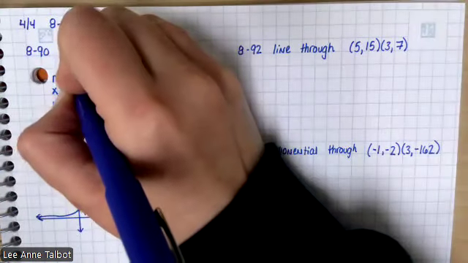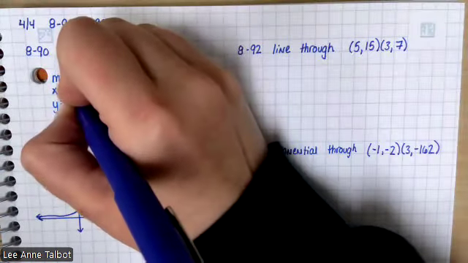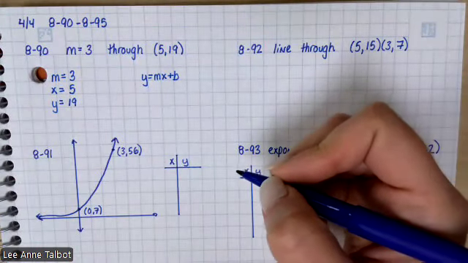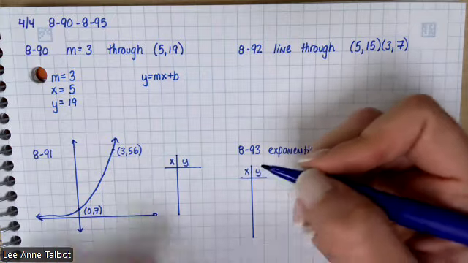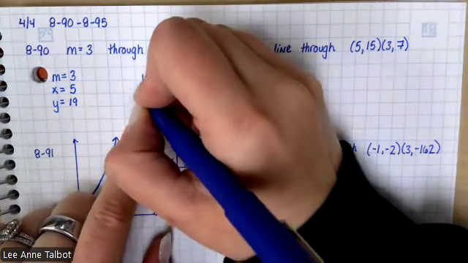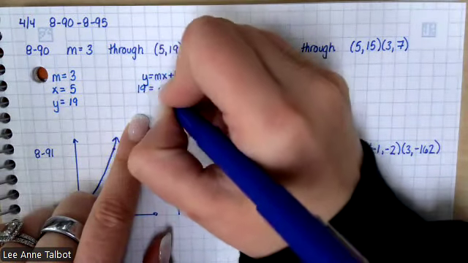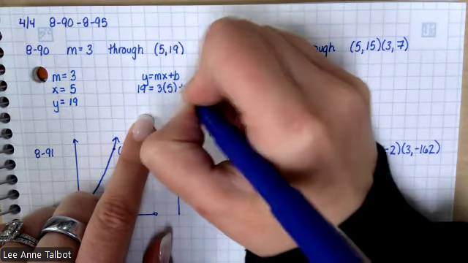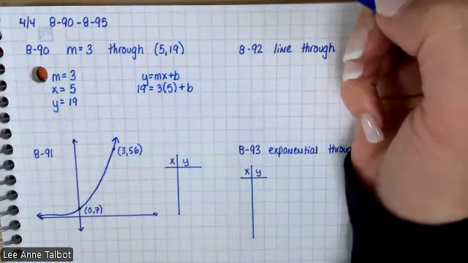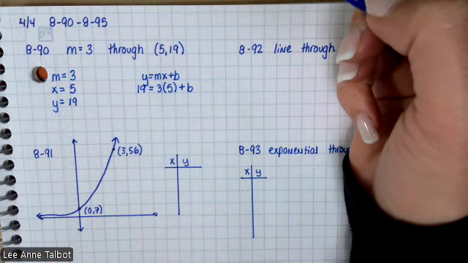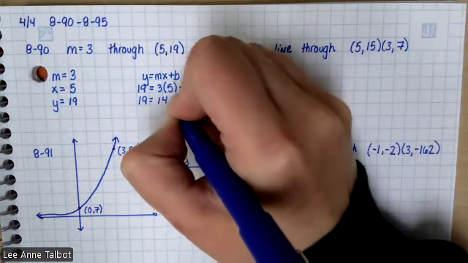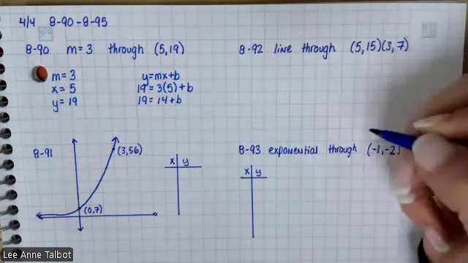M is 3, X is 5, Y is 19. So we say 19 equals 3 times 5 plus b. 19 equals 14 plus 15.